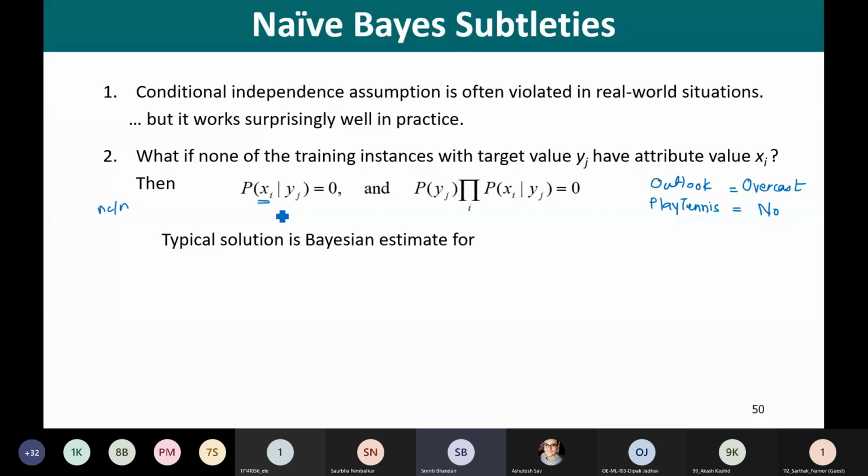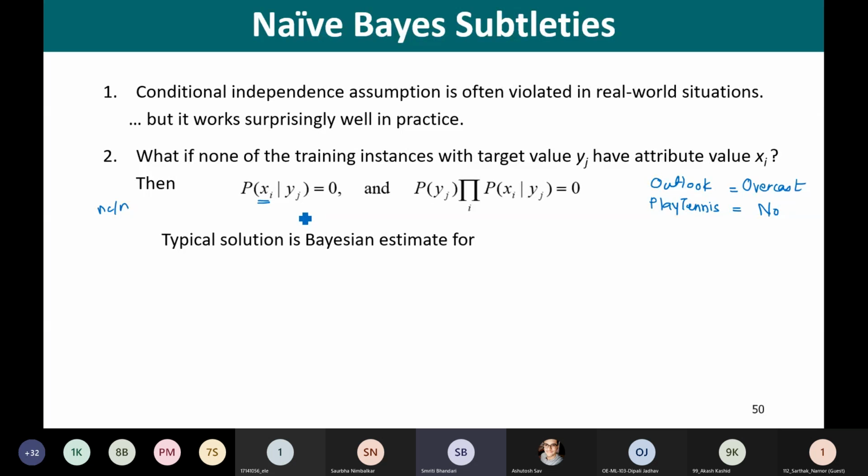So when this probability estimate is 0, this term will dominate the Bayes classifier.